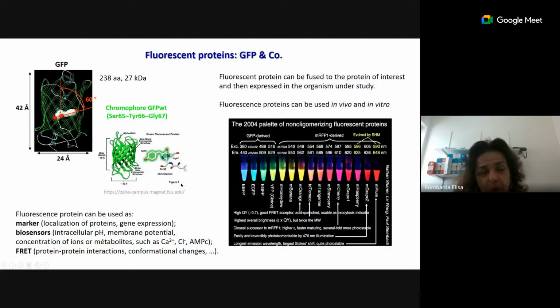So, fluorescent protein, as I said, the first one that was discovered in the jellyfish was GFP.